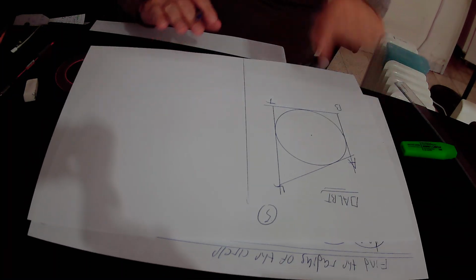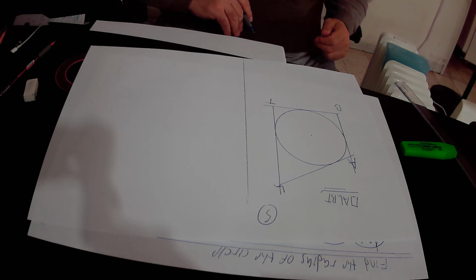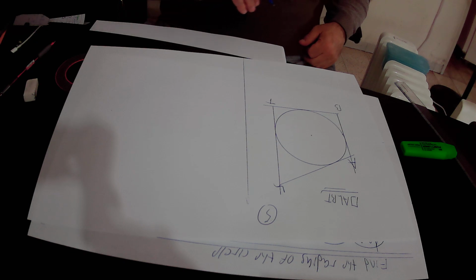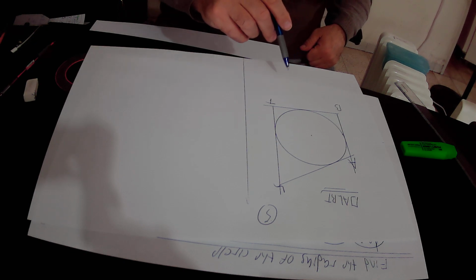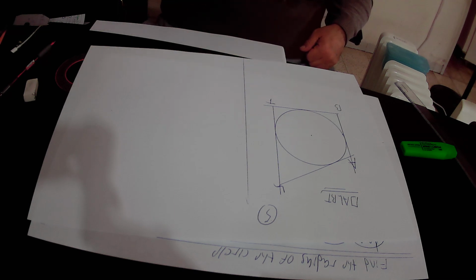So actually, this is quadrilateral ALBT that I copied from the original drawing. And we have a circle. The circle is inscribed by this quadrilateral, or the quadrilateral blocks this circle.